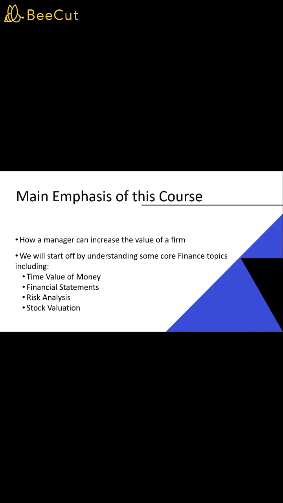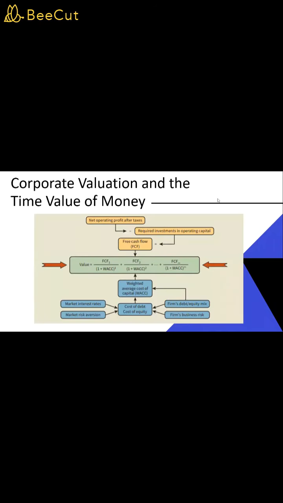So if we want to look at this pictorially, this is what we will be learning in the future. We will be calculating the value of a firm. And in order to do that, we will be calculating something known as free cash flows, and discounting the free cash flows to time zero to understand the value of the company.